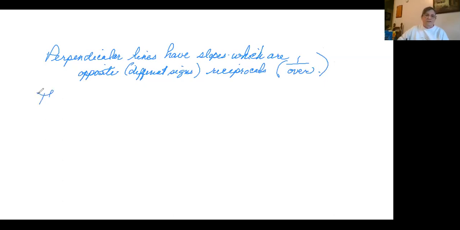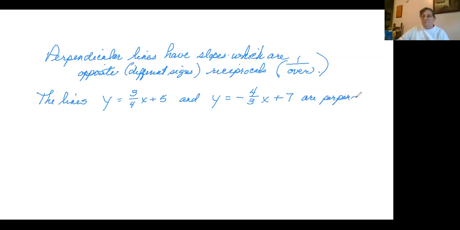In other words, the lines y equals 3/4 x plus 5 and y equals a negative 4/3 x plus anything, 7, are perpendicular. You have to both change the sign, so this one's positive, this one's negative, and flip it over. It's not enough to do just one or the other.